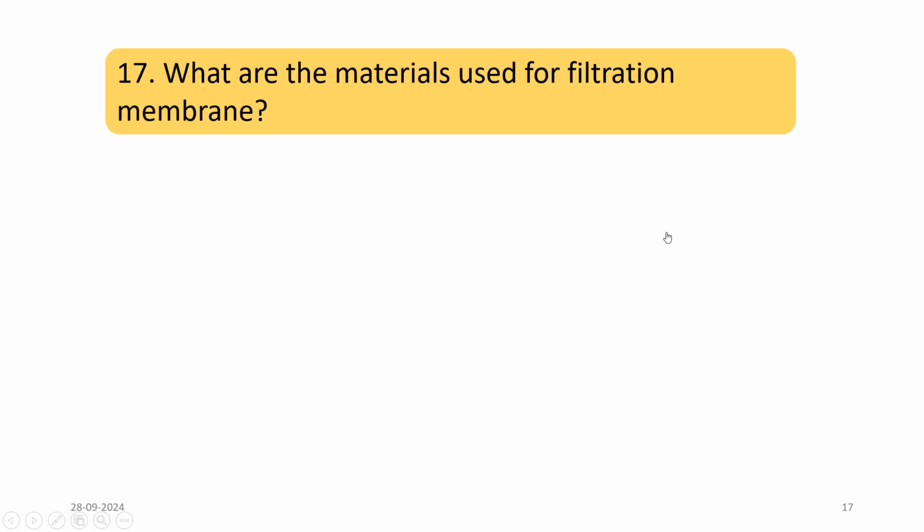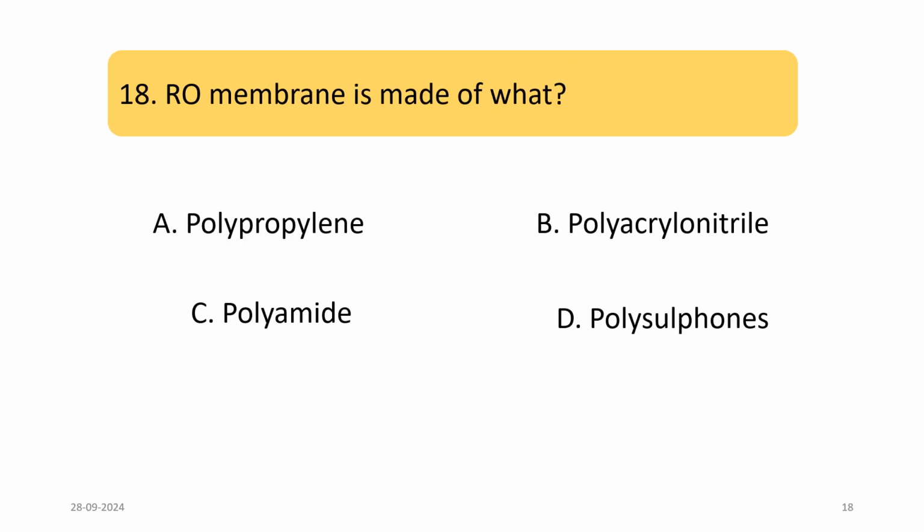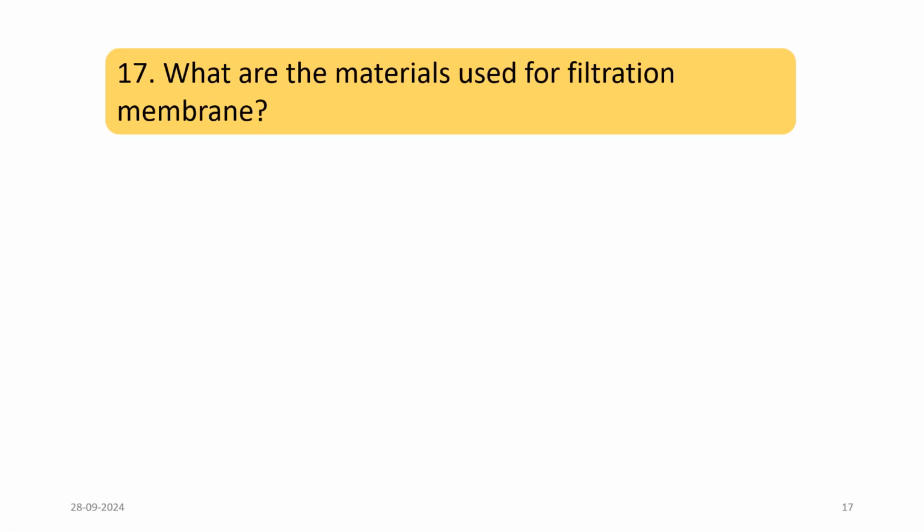Then commercially available PVDF, that is polyvinylidene fluoride, polyacrylonitrile, polypropylene, polysulfones, etc. These are all different types of materials used for filtration membranes.